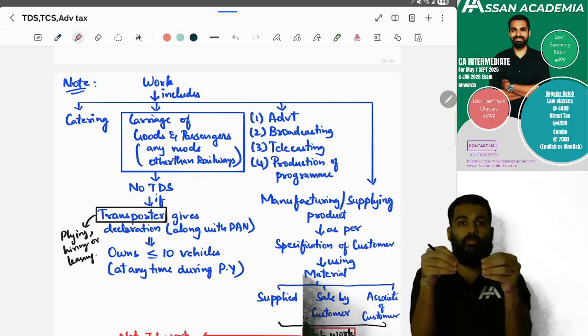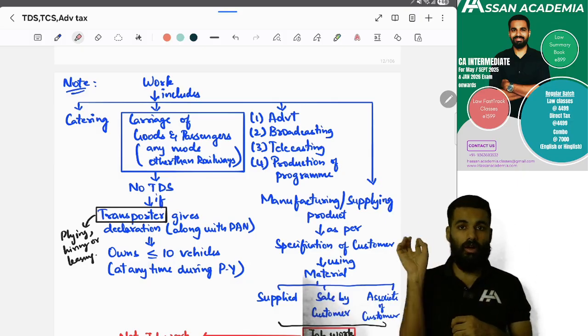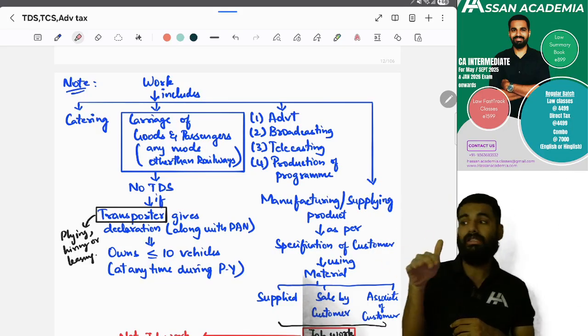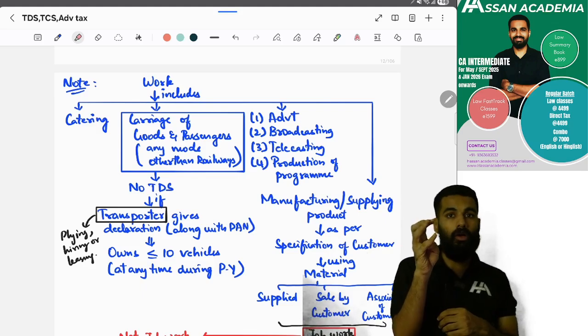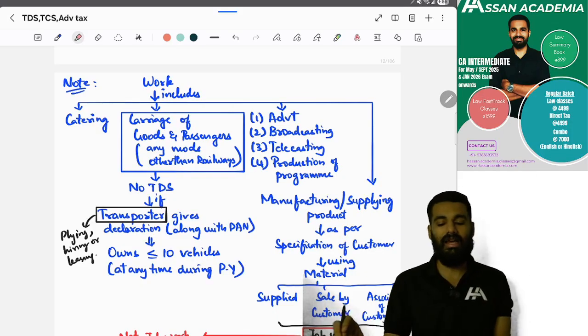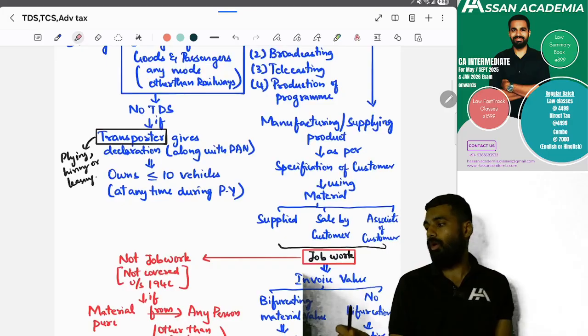carrying of goods or services, can be, but not railways, any kind of carriage, but not railways; advertisement, broadcasting, telecasting, or production of programs; and also job work. What is job work?